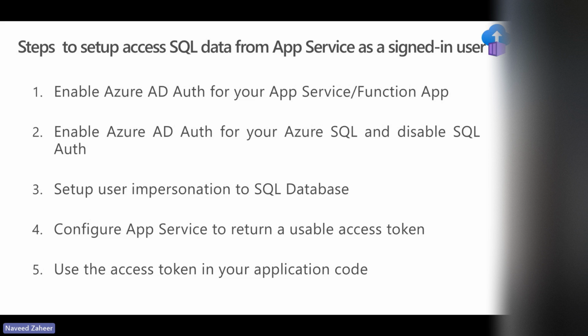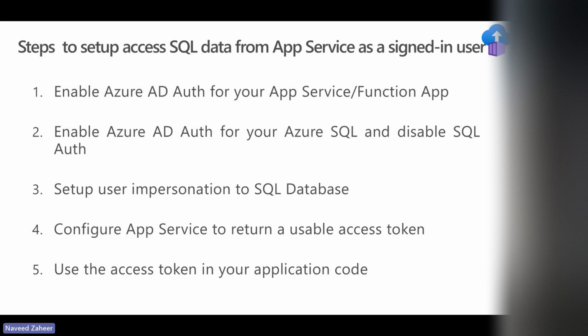You have to enable Azure AD Auth, which is called Easy Auth. You need to pick Azure AD in there. Second, you have to enable Azure AD Auth for your Azure SQL resource. Just keep in mind that for that resource, normally there is SQL auth and Azure AD Auth, so disable SQL auth and only enable Azure AD Auth.